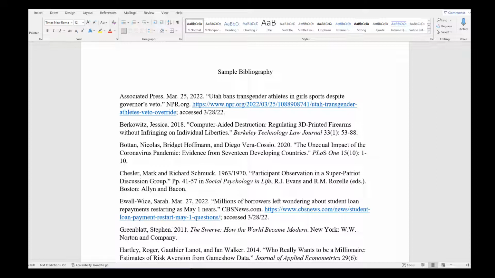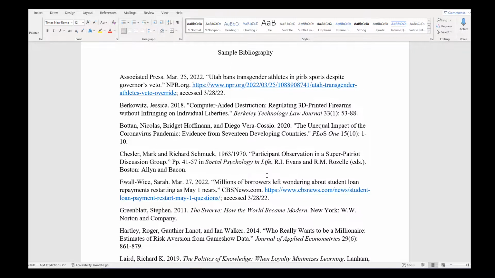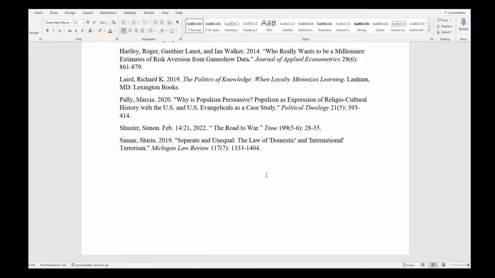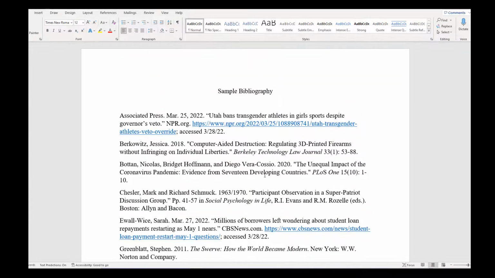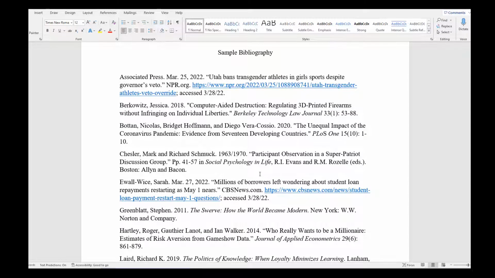Author's name, year, title of that book in italics, because that's what's being published, followed by the place and the publisher. So as you can see, I have almost a dozen sources here, all on one page. So you shouldn't need more than one page to do your sources if it's in this very organized format as shown here. So use the sample bibliography as a go-by.